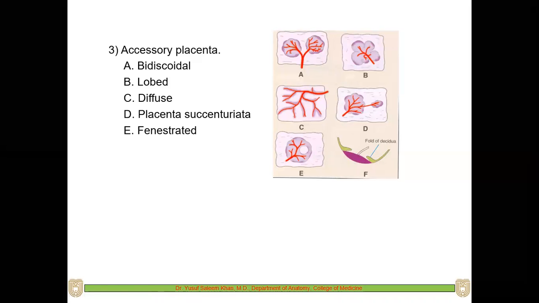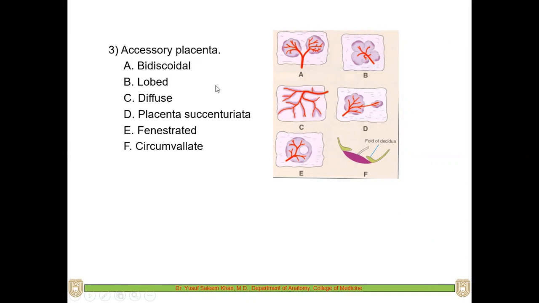And sometimes you can see holes in the placenta. If you see here, there is a big hole. This is called fenestrated. Fenestration means putting holes. So you can see big holes within the placenta. This is called the fenestrated placenta.